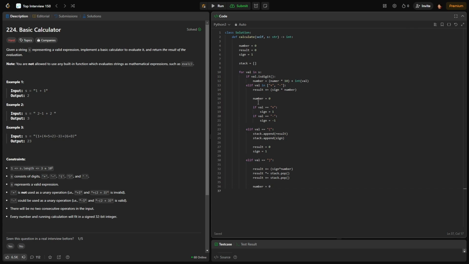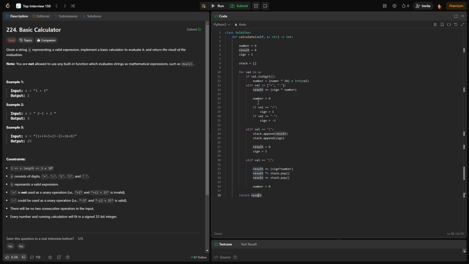That takes care of all the cases: digit, positive, negative, and opening or closing bracket. Now we return our result.